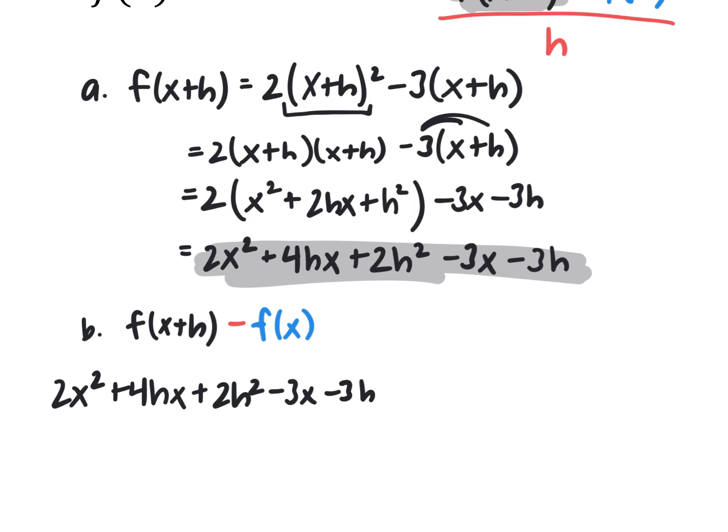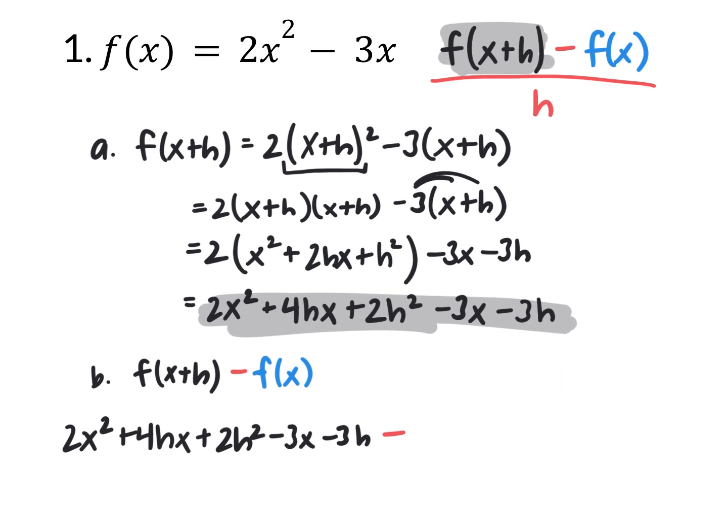And now I'm going to subtract my entire quantity of f of x. What is my f of x quantity? 2x squared minus 3x. It's right up there. So times 2x squared minus 3x.